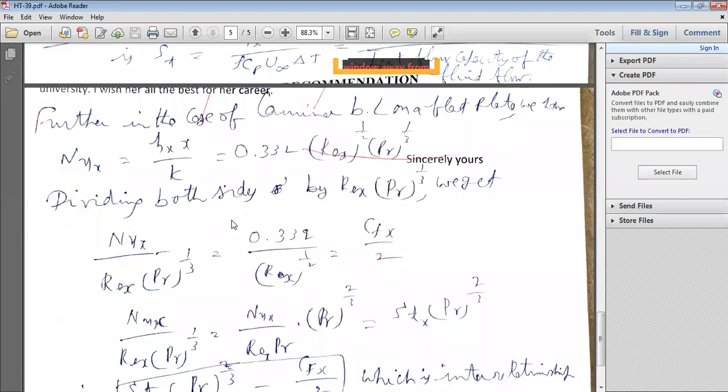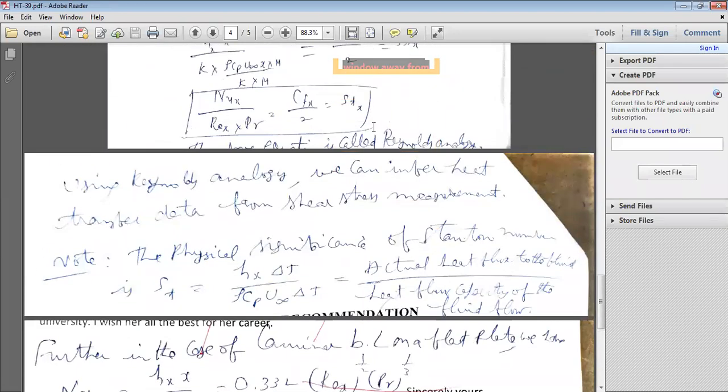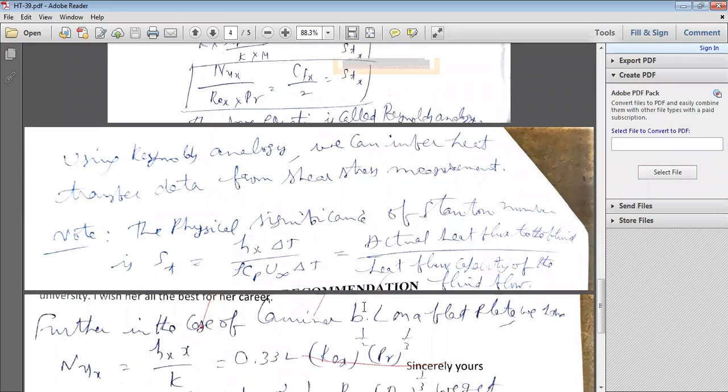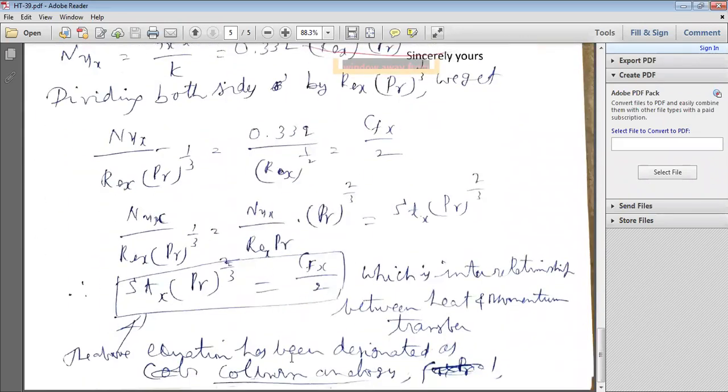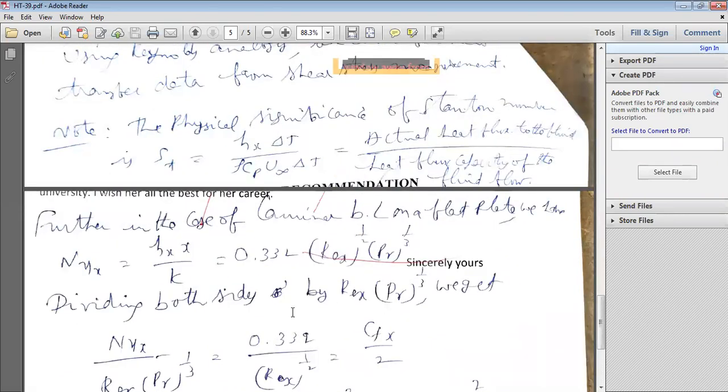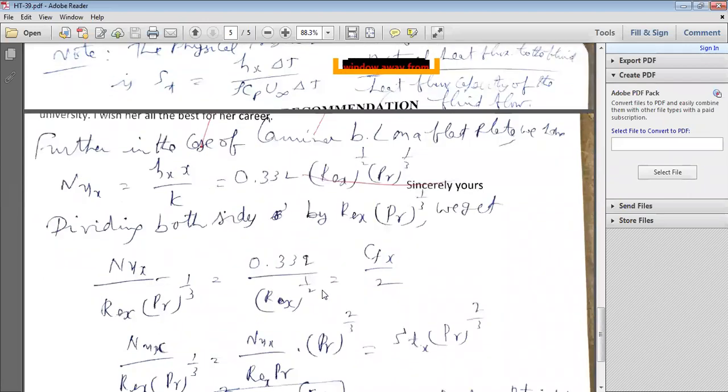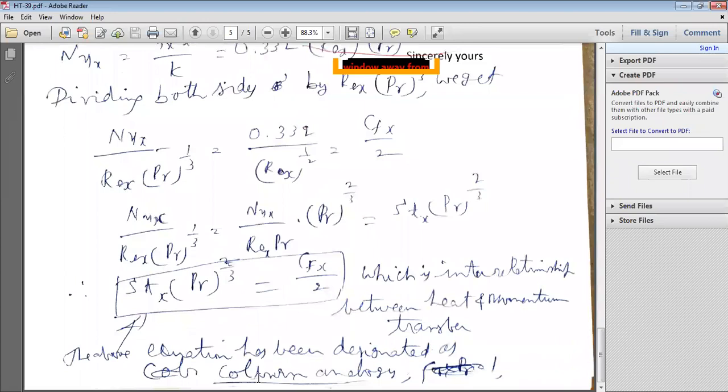Reynolds, the name of the person, initially developed this, that's why the Reynolds analogy. After that, the heat transfer analysis was given by Colburn, and that is known as the Colburn analogy. Now we'll see what the Colburn analogy is.